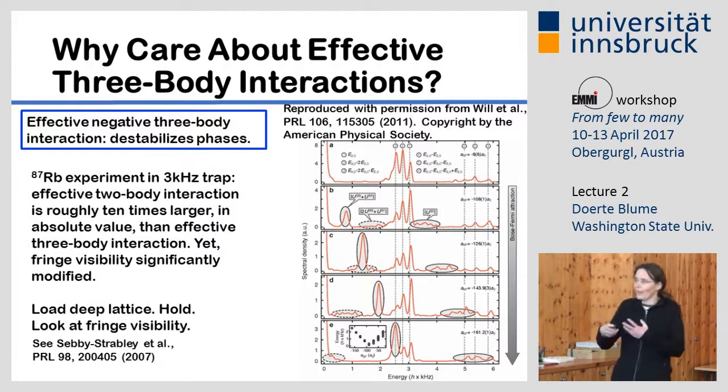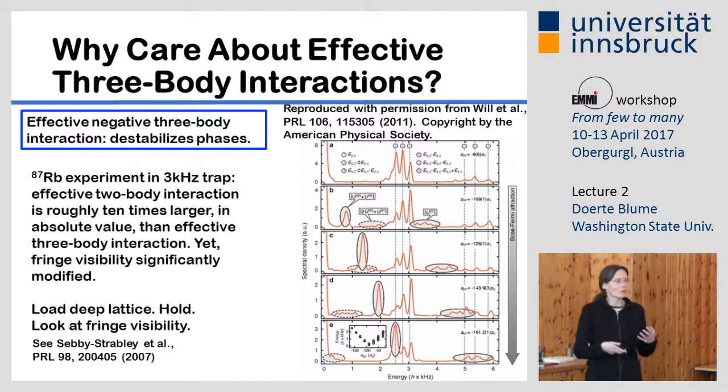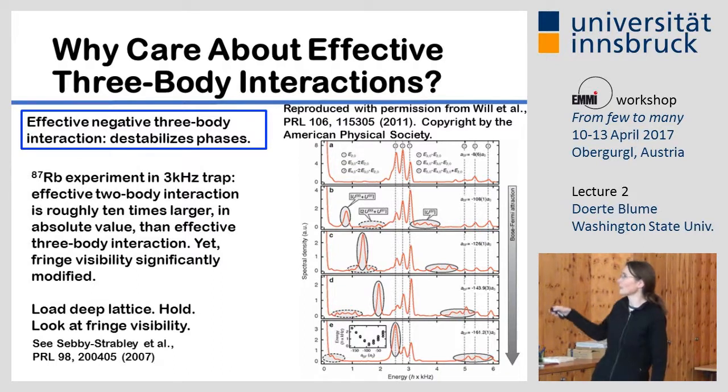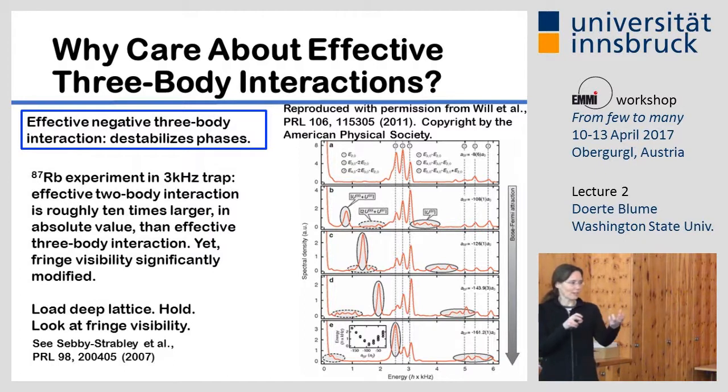So this way of thinking about the system, not in terms of the true two-body interaction, but in terms of effective two-body, effective three-body, and effective four-body interactions, is actually something that's measurable, and that's a nice way of thinking about the system. A different way of saying it is, if you have two particles and you put a third one next to it, that one is actually pulling and pushing, and so the physics actually changes by having more particles in the system.